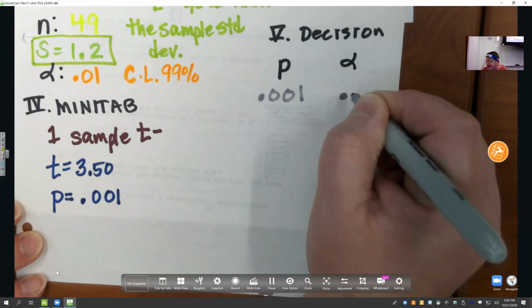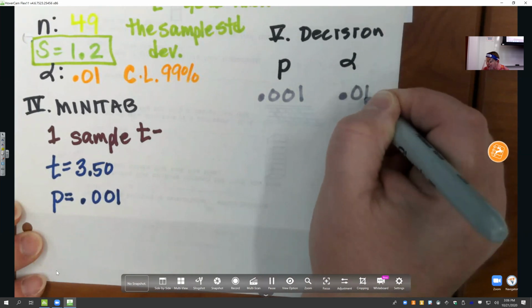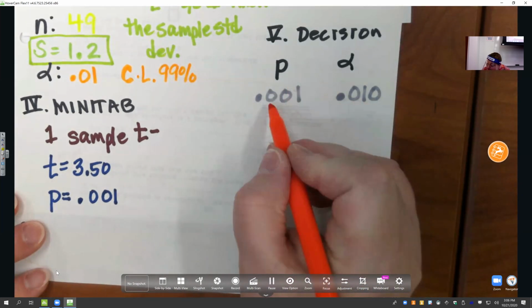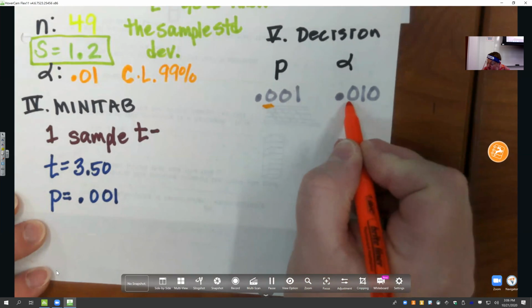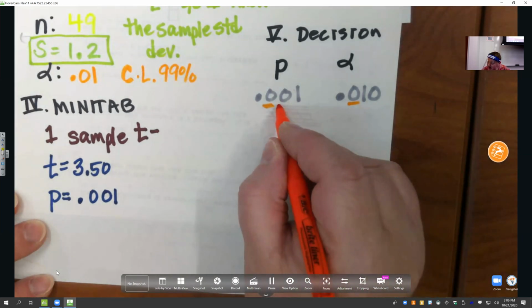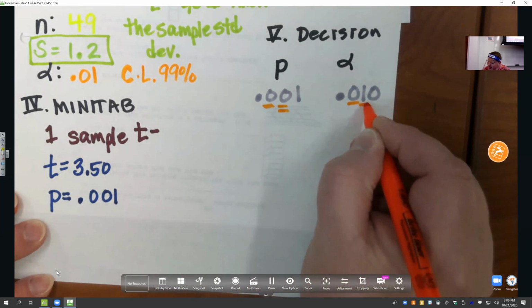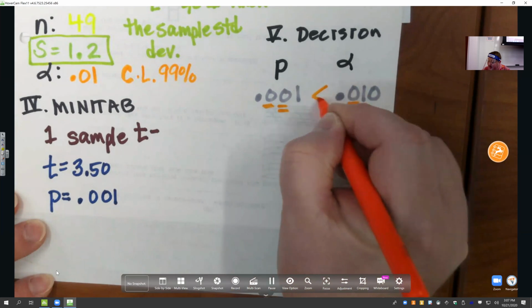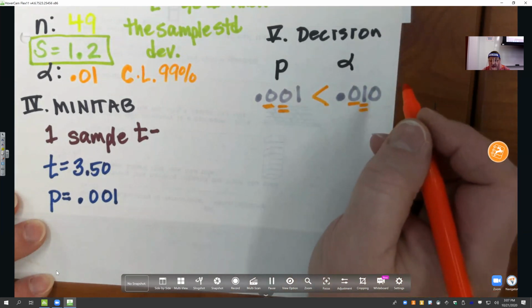Alpha is my significance level, which is 0.01. Again, compare it digit for digit. 0 compared to 0, there's no difference. Second 0 compared to 1. 0 is less than 1.